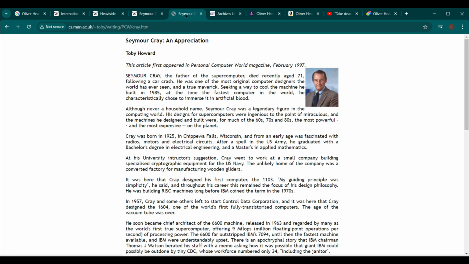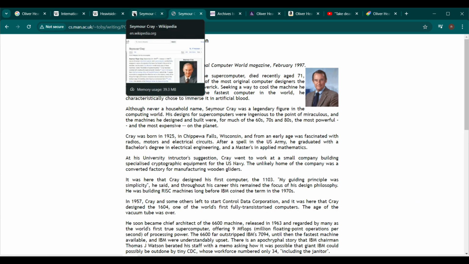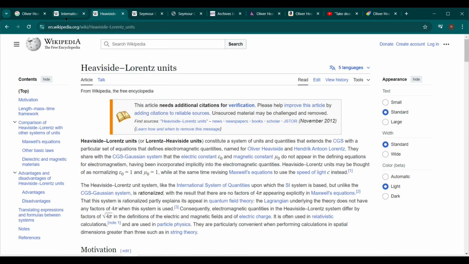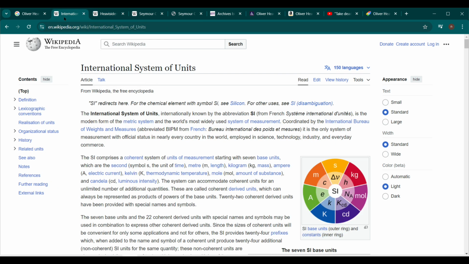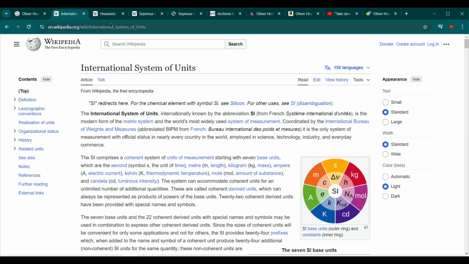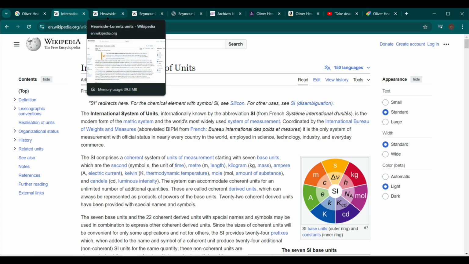And I didn't really get into transformations of integrals and Lorentz equations, Maxwell's equations.